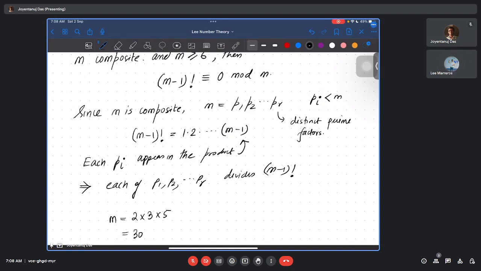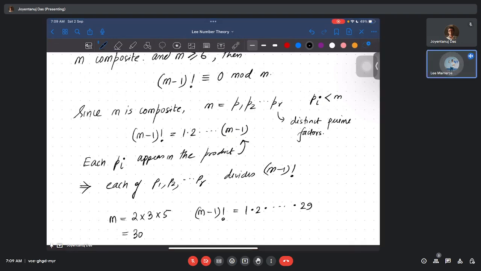Now if I look at m minus 1 factorial, so this is 1, 2, all the way up to 29, right? So 2, 3, 5, all the distinct terms appear in this product, between 1 and 29.